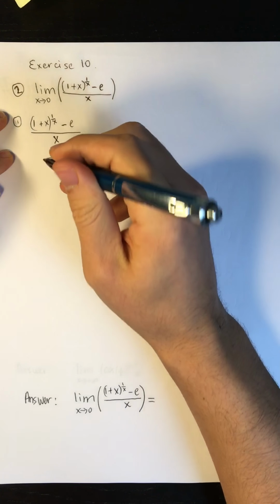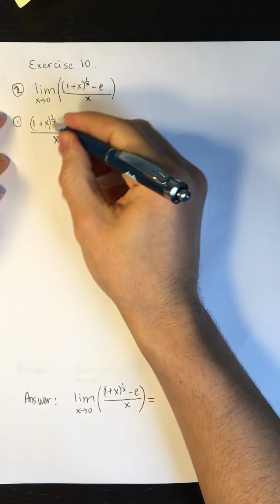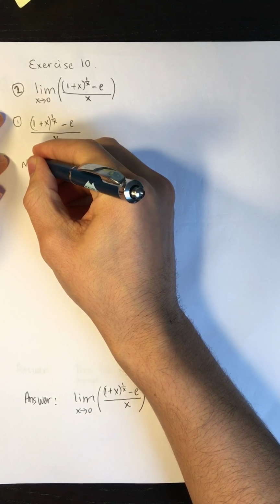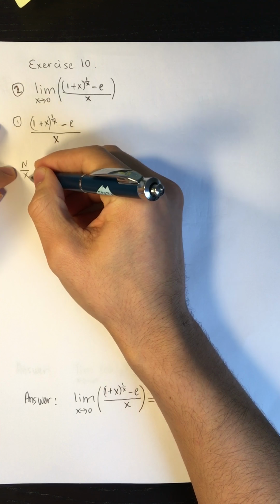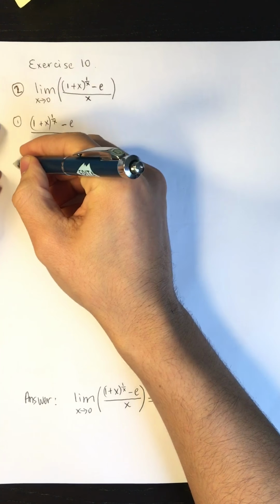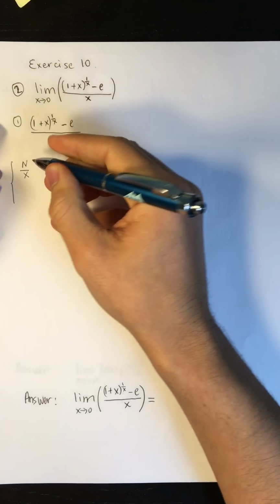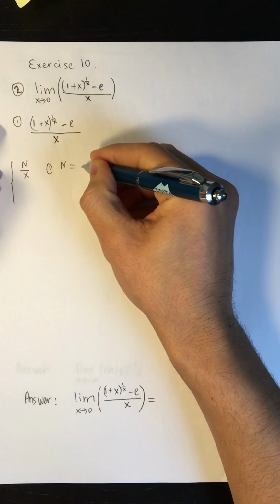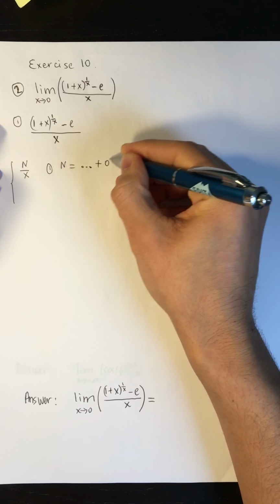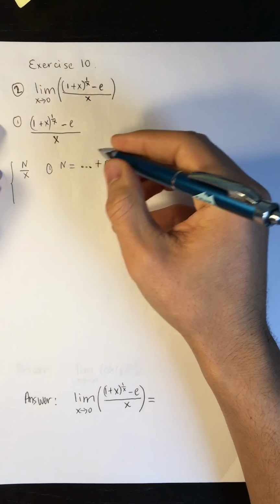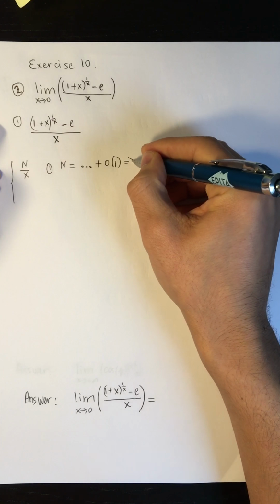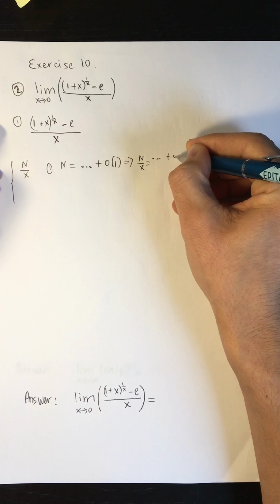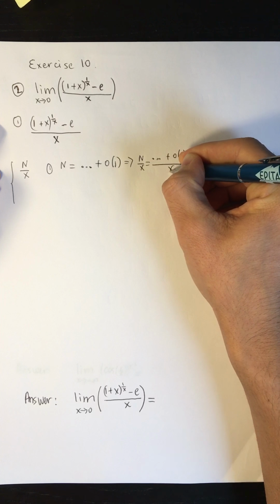So what I'm thinking is like this. This is the numerator and this is the denominator, so I have n over x, numerator divided by x. Let's say first case, if n is equal to something plus O(1), the numerator, then I will have to calculate n over x, and it's equal to something plus O(1) divided by x, right?